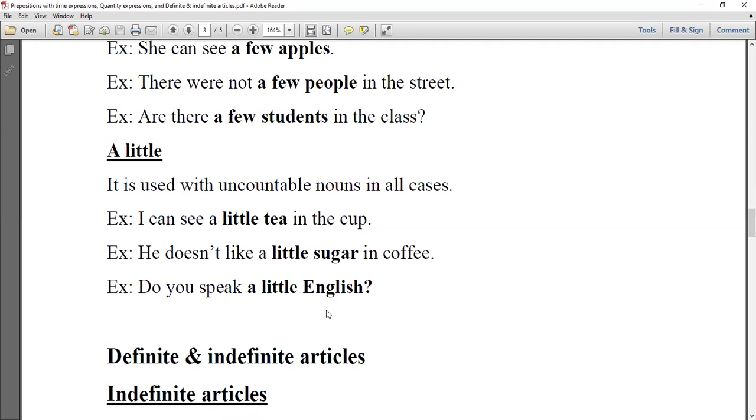So we use a little with uncountable nouns: tea is an uncountable noun, sugar is an uncountable noun, and also English is an uncountable noun. Okay, now students, let's go back to the book to do some exercises related to these topics.